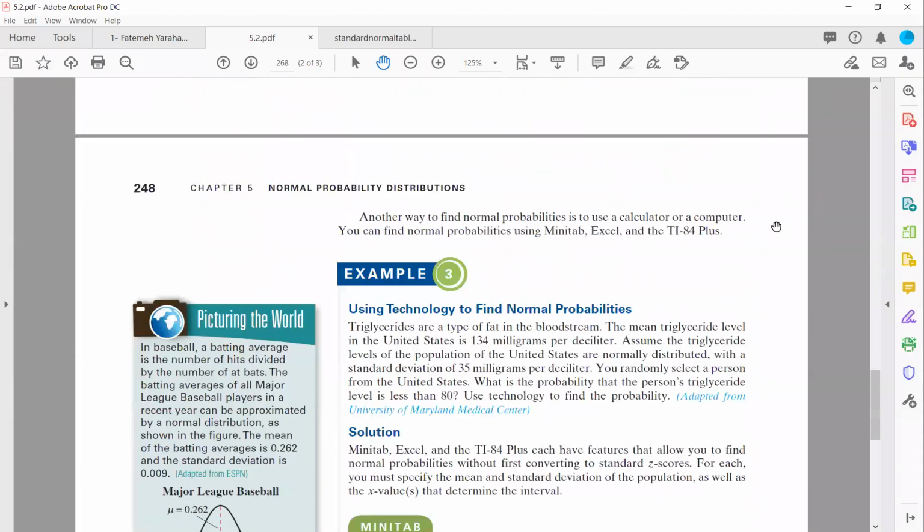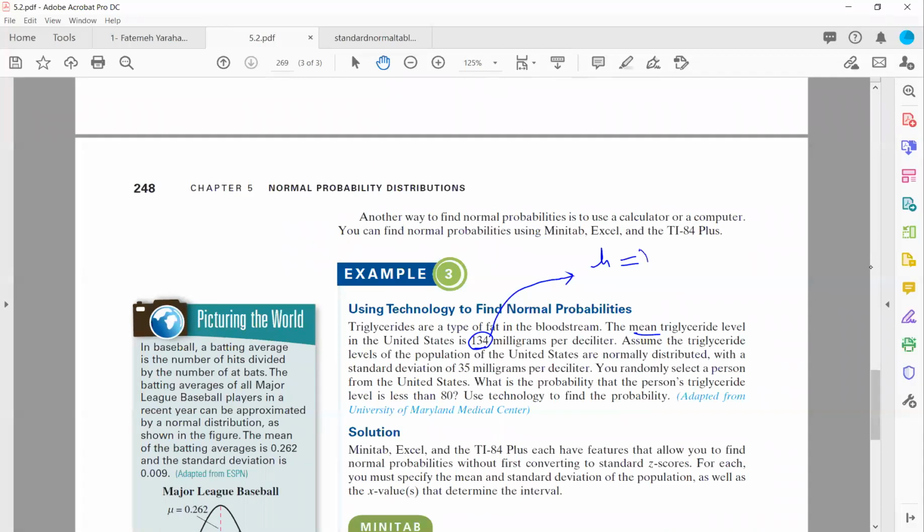Perfect. So in example 3, we're going to use technology to find the normal probabilities. Triglycerides are a type of fat in the bloodstream. The mean triglyceride level in the United States is 134 milligrams. The mean is given.